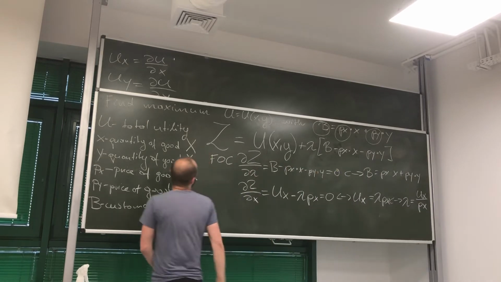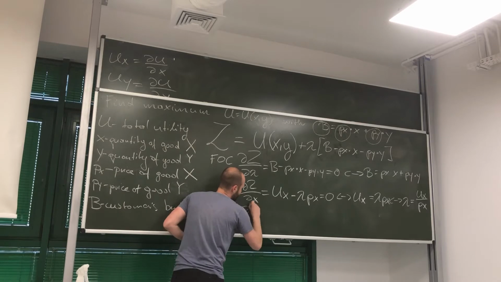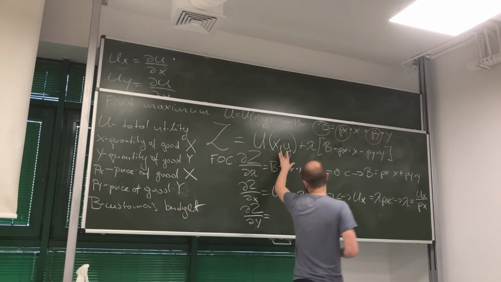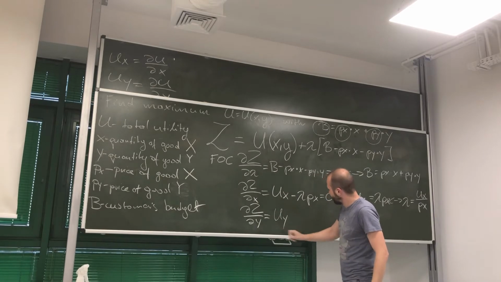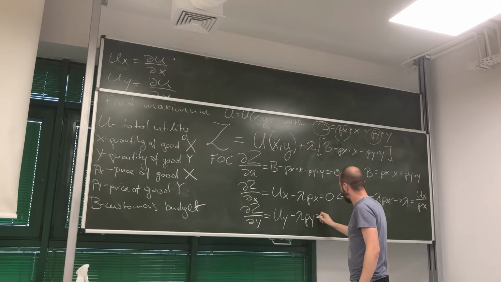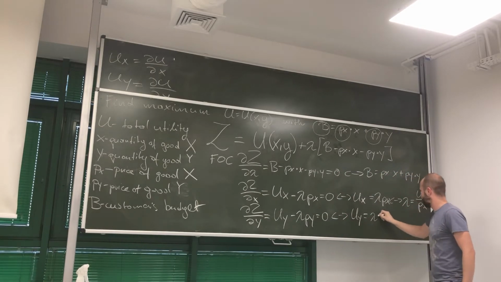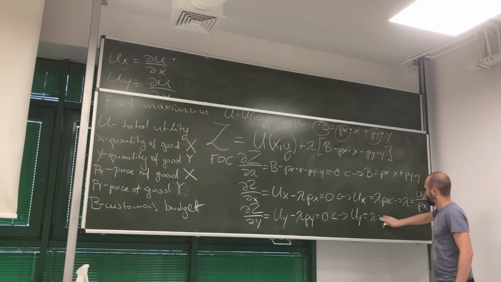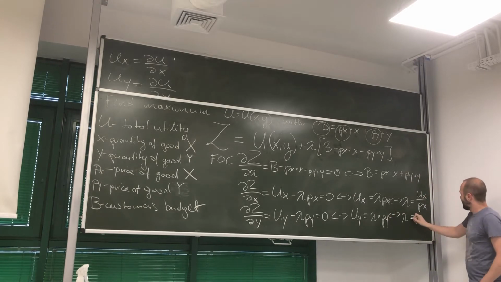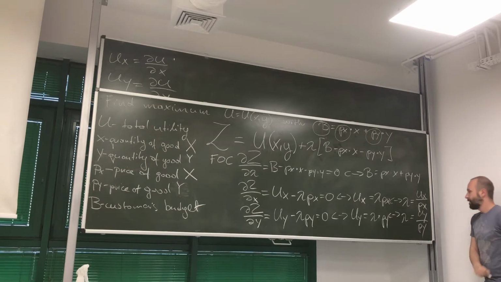So now we need to finally differentiate with respect to y, and then we get, of course, similarly marginal utility with respect to y minus lambda py equal to 0. We get out of this that uy is equal to lambda py, and out of this we get that lambda is equal to uy divided by py.